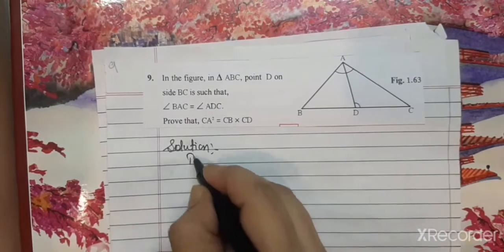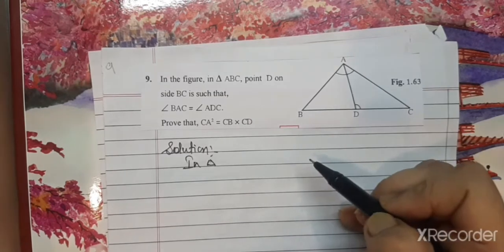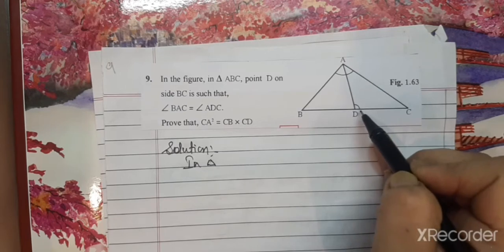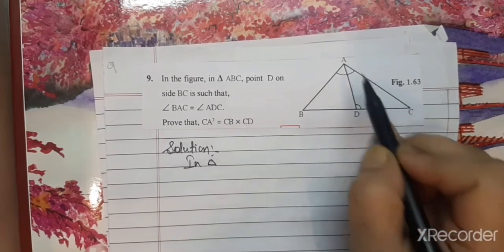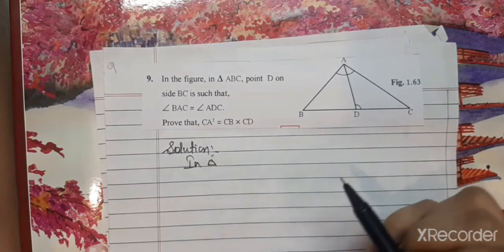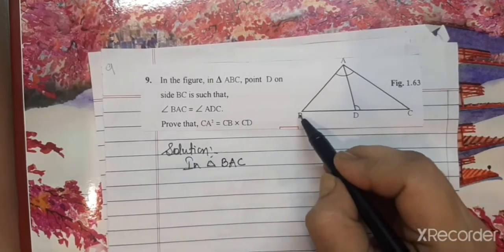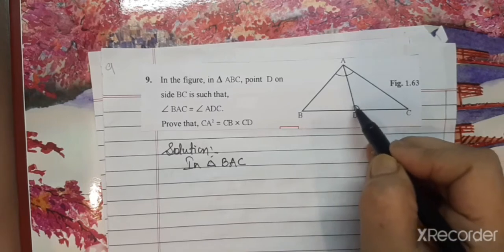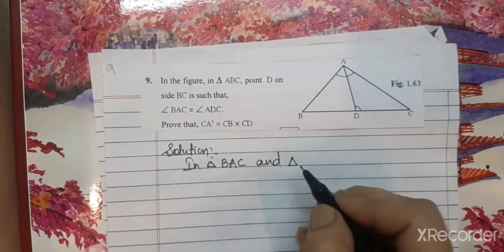Okay. How you will name it? This big angle A is congruent to this D. So, be careful when you are naming. And there is something common: if you look at triangle ABC and triangle ADC, C is common. If I name the first triangle as BAC, this A is congruent to this D, so the other name will be triangle ADC.